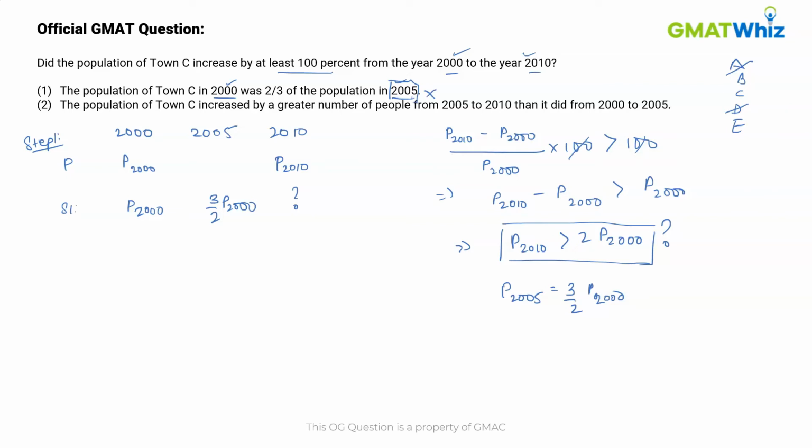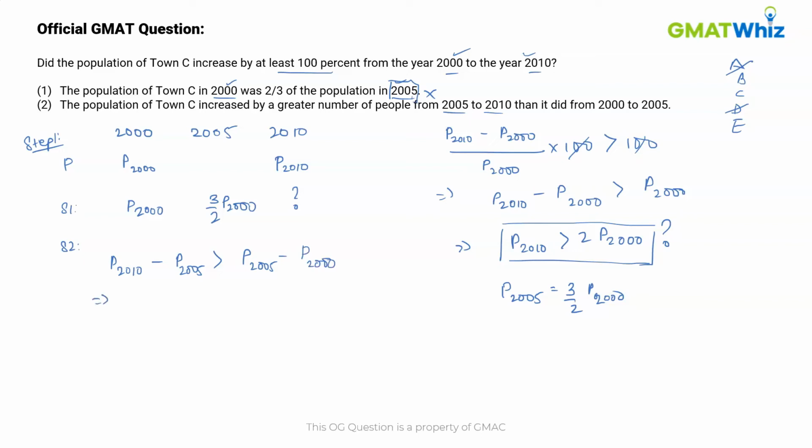Now we analyze statement 2. Statement 2 tells us that the population of town C increased by a greater number of people from 2005 to 2010. That means that the population increase from 2005 to 2010 was greater than the population increase from 2000 to 2005.